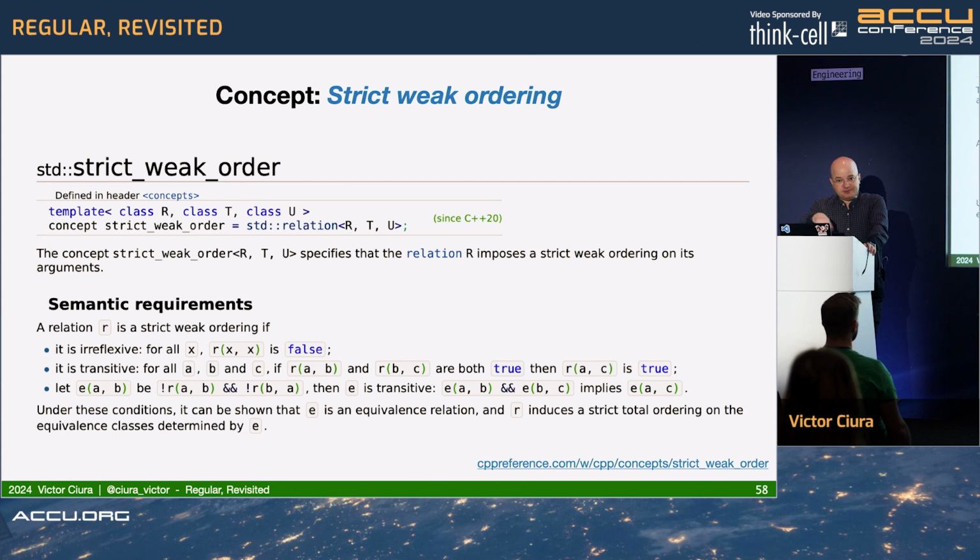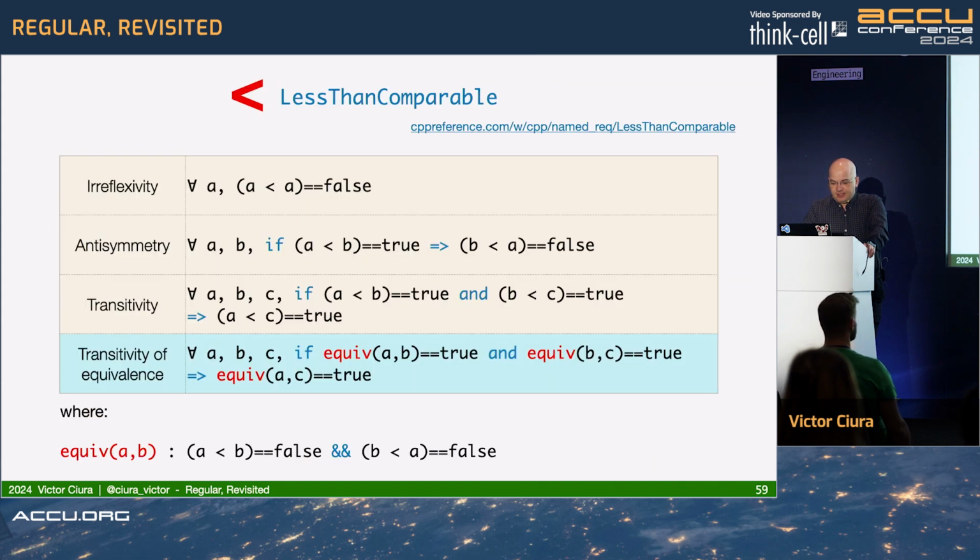So let's see it in real code. Let's forget about this math stuff and see it in C++ terms. This is really a screenshot from CPP reference. So we see the same ideas I had in the tables, expressed in documentation form. And one particular specialization of this idea is LessThanComparable.